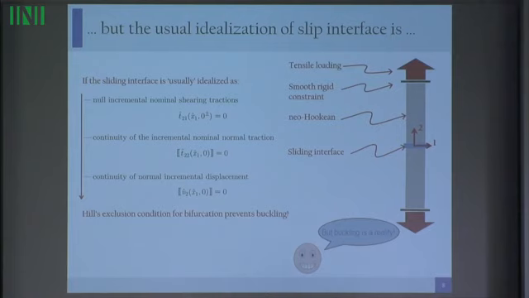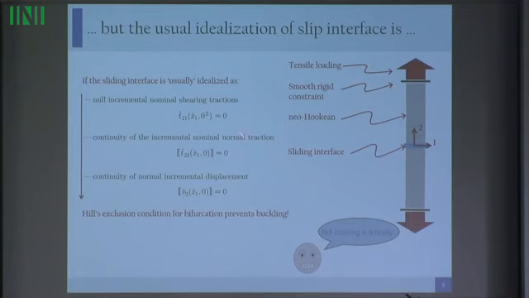When I derived this, I realized something. Imagine that now these two materials are neo-Hookean, and imagine we use a sliding interface with the conditions that people usually implement for this problem. So null incremental nominal shearing tractions across the interface, continuity of incremental nominal normal traction, and continuity of the normal incremental displacement.